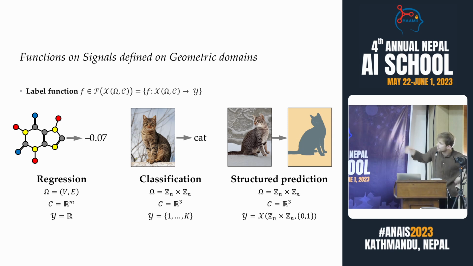And then you can have some fancier things, such as structured prediction, or segmentation. Now your output is not going to be collapsed. It's still going to be a signal on the grid, right? All you want to do is find the contours of the cat, and the output is a signal, okay? So now we can see how many different problems actually share a common mathematical formalism. There is the domain, there is the target y, and in every case, you are modeling signals on top of a domain.